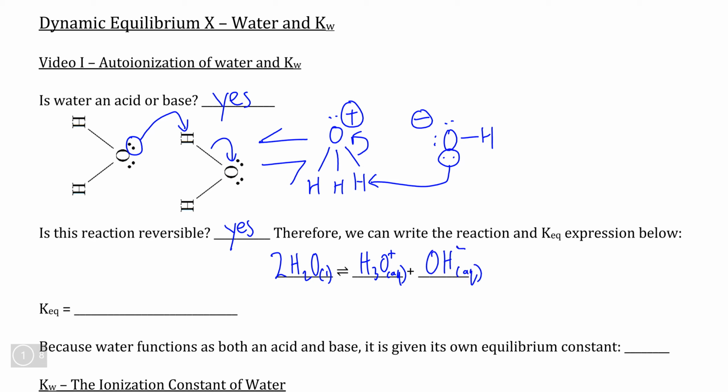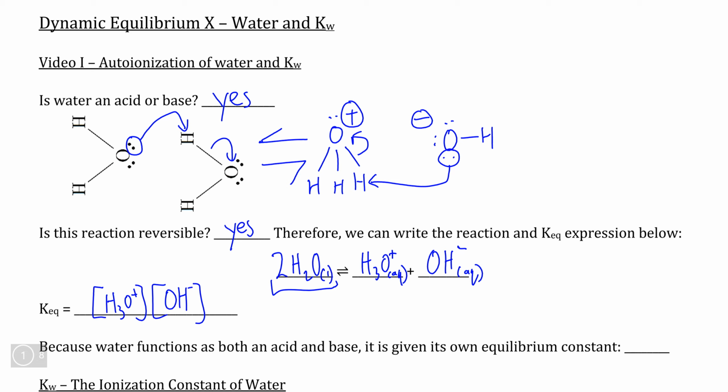This looks a little bit different than the KEQ expressions for acids and bases, Ka and Kb, because water is the only liquid within this equilibrium system, meaning that it is a pure liquid, and because its concentration remains constant because it's the solvent, we do not write it in the KEQ expression, and instead we only have the concentration of hydronium times the concentration of hydroxide for our equilibrium expression.